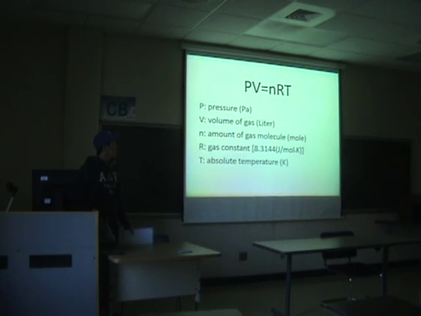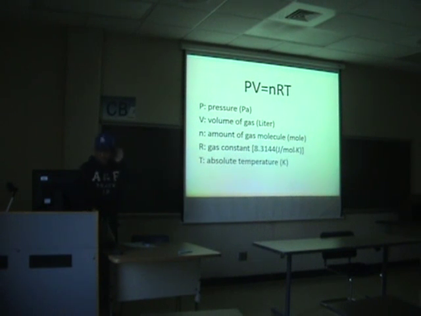I guess many of you are not quite familiar with the term mole, because the mole is a measurement used in the chemistry field to count how many particles, like molecules, electrons, and atoms.